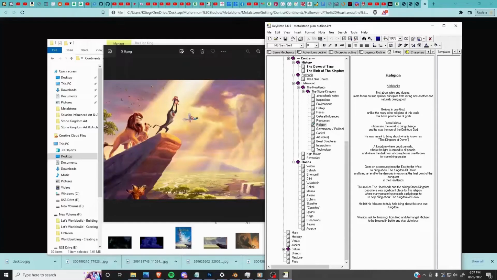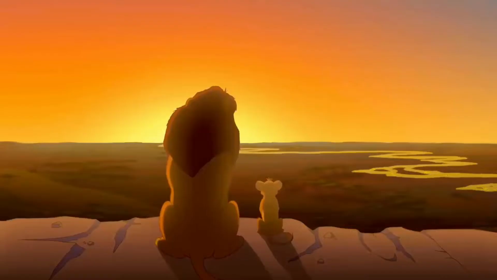This lion figure has left his followers to actually bring about the Kingdom of Dawn. So in the story, of course, you could have some thematic play of light against darkness, about trying to overthrow the darkness and corruption to bring in the Kingdom of Dawn, or the Kingdom of Light, basically.